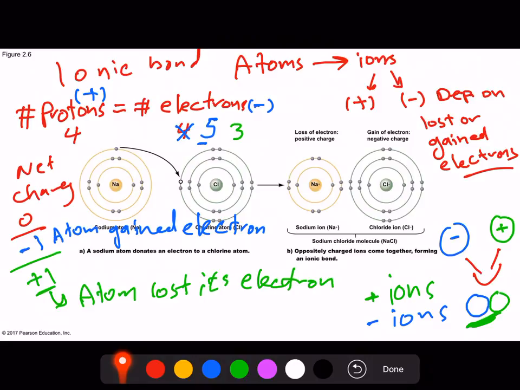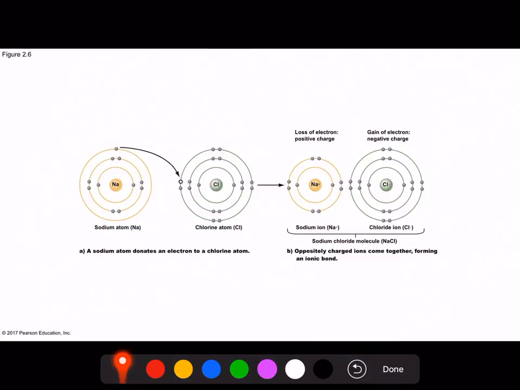Okay, now let's see the example we have in front of us. We have here the sodium, and sodium has 11 protons and 11 electrons. If you notice, in its outermost shell it has only one electron, right?